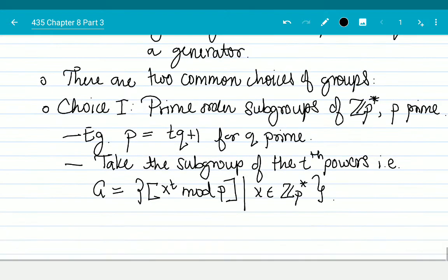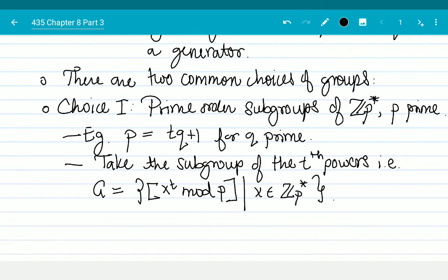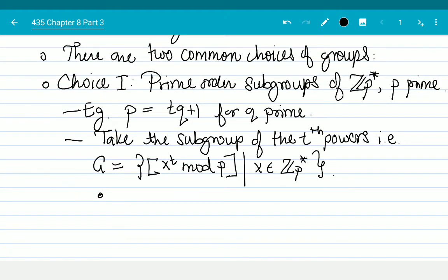Okay, now note there are certain properties which we haven't proved. I mentioned something else, but this is also true. This is a group. That's pretty easy to see. If you take elements a and b in this, then a has to be x to the t, b has to be y to the t, then a times b is x times y to the t.